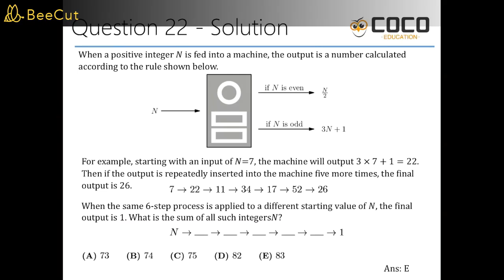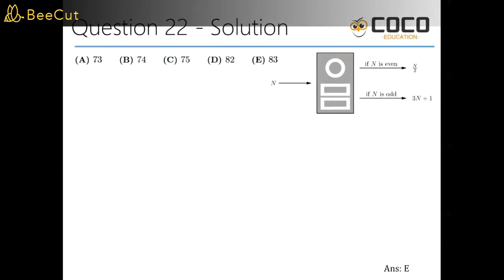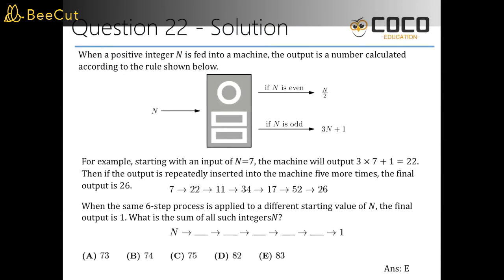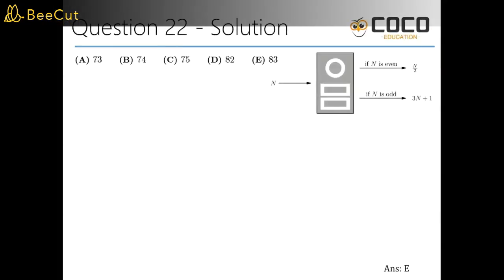This question is working backwards. At the last step, this is 1. Okay, we label them. This is first step, second, third, fourth, fifth, and sixth. So at the sixth step, the number is 1.